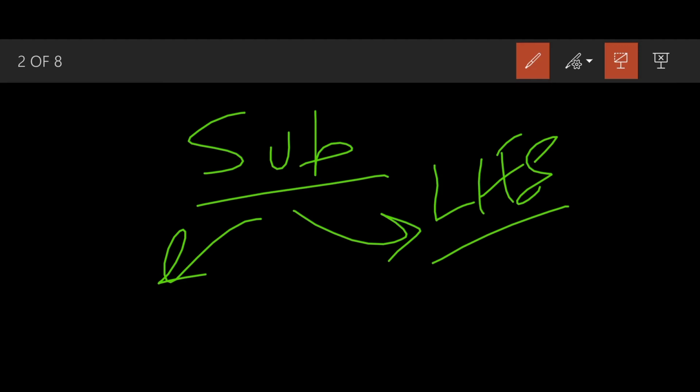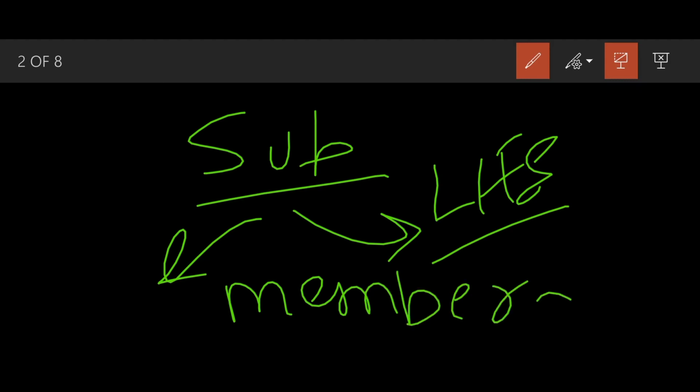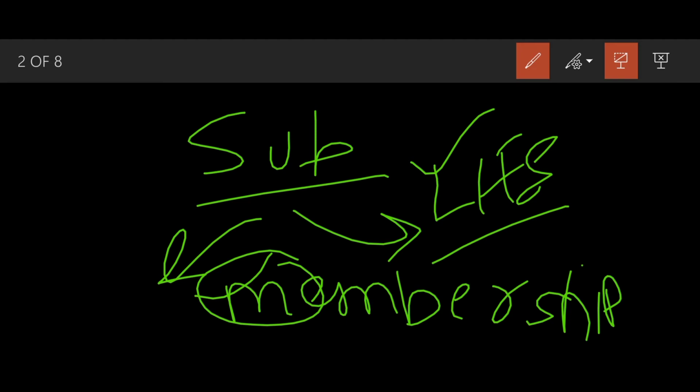There might be some members who are paying lifetime subscription fees, or some members who are paying membership fees annually or after a certain period of time. So these are two types of subscriptions. One is a one time payment received by the organization, and the other is the periodical payment. The treatment of the one time payment is too easy.